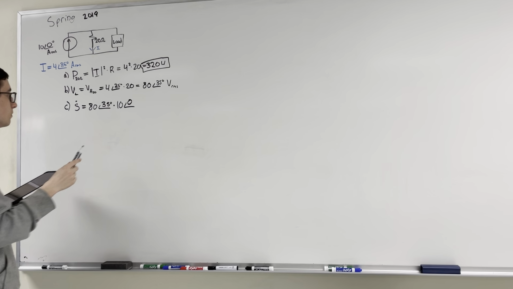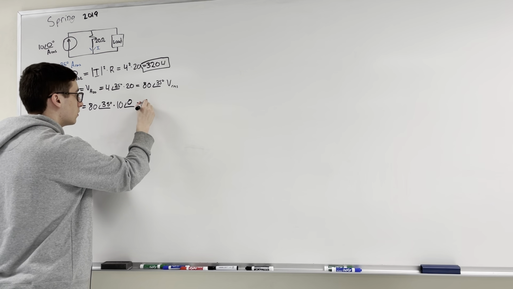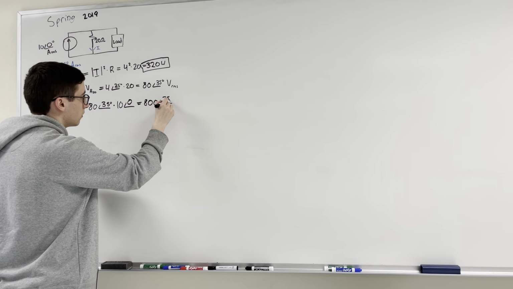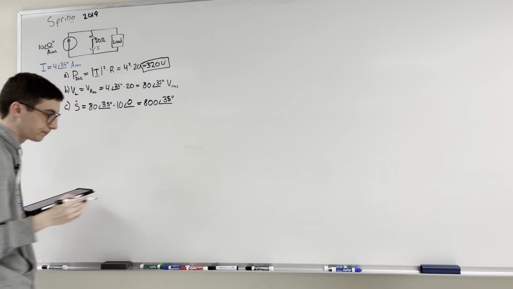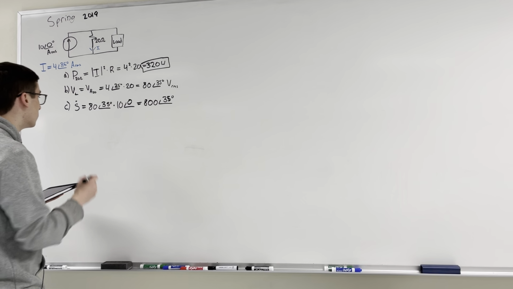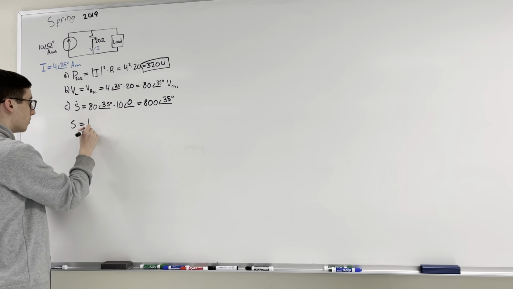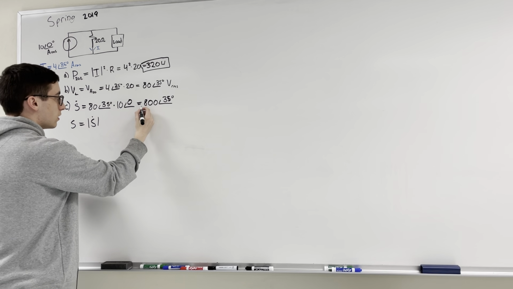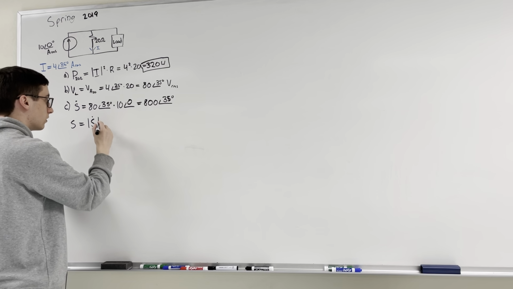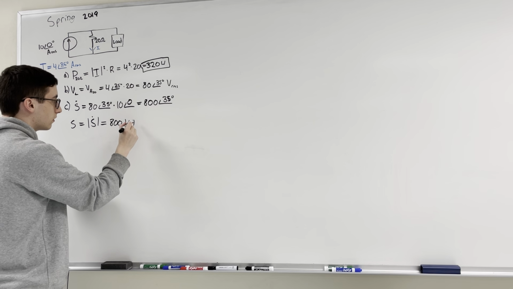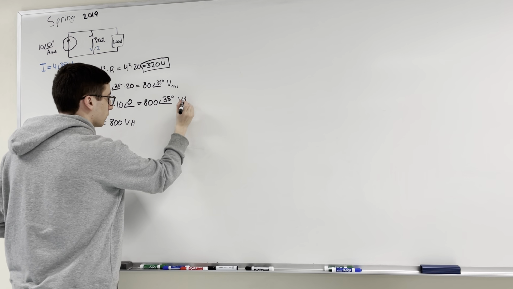So this is simply equal to 800 with a phase angle of 35 degrees. Now to find the apparent power, S is equal to the magnitude of the complex power, which is just your number in the polar form. So this will be equal to 800 VA. This is also in VA, or volt ampere.